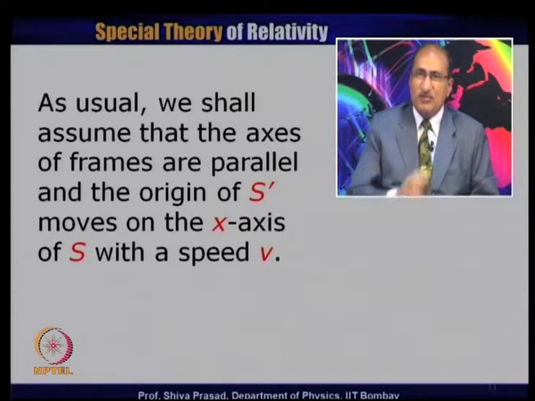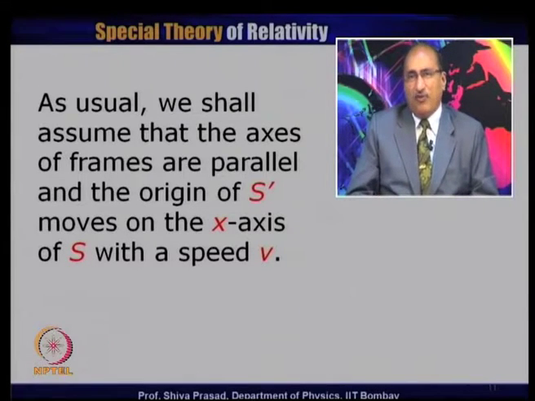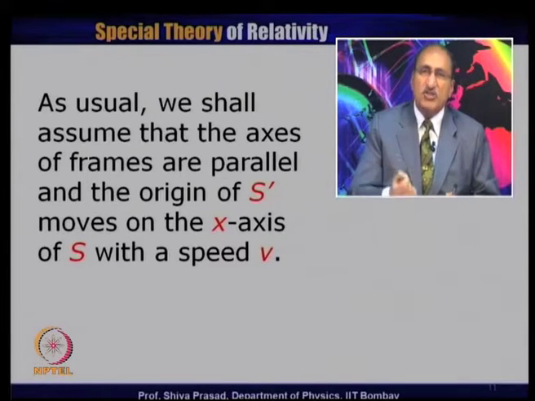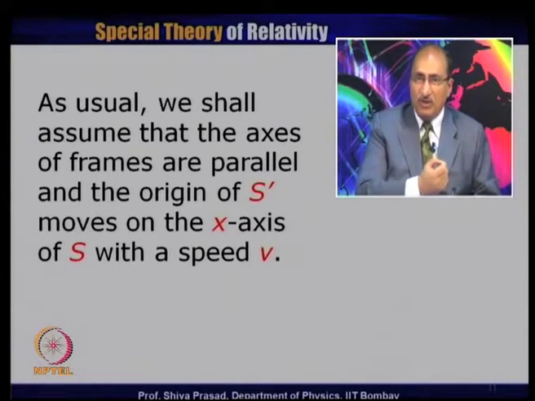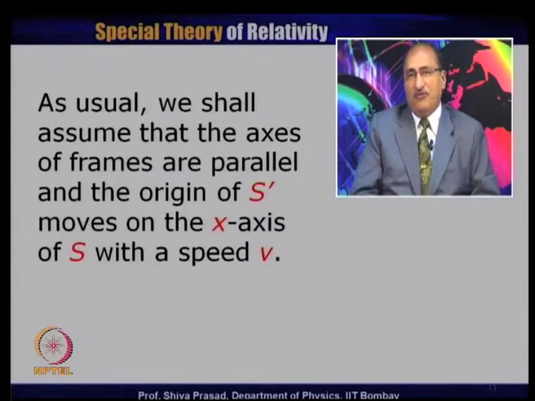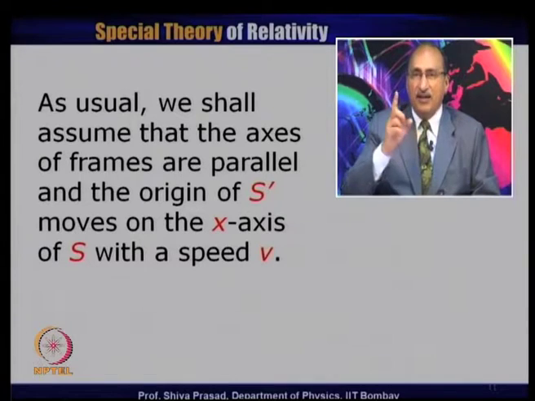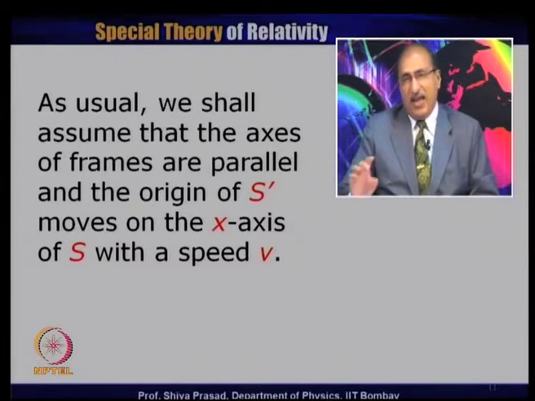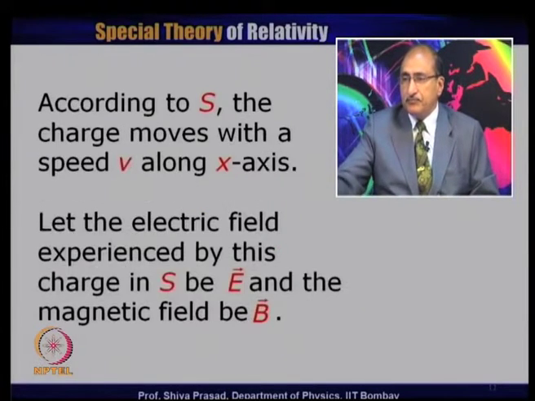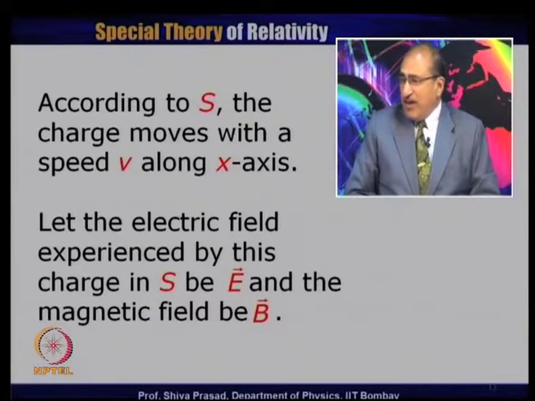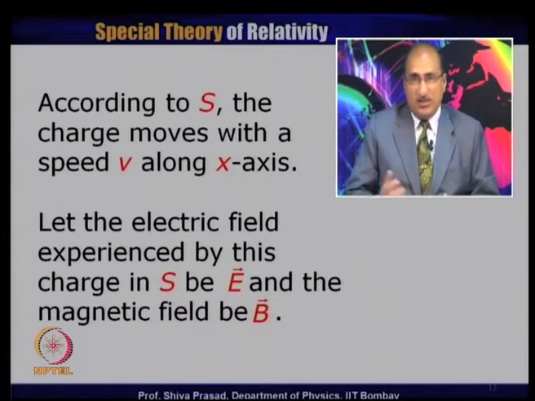We have done some examples earlier. This is very straightforward. If a particle is at rest in S prime, its velocity will turn out to be equal to v, the relative velocity between the frames, in S frame of reference. So, the velocity of the particle is v in S frame of reference. According to S, the charge moves with a speed v along the x axis.